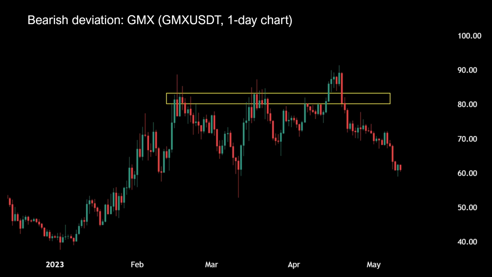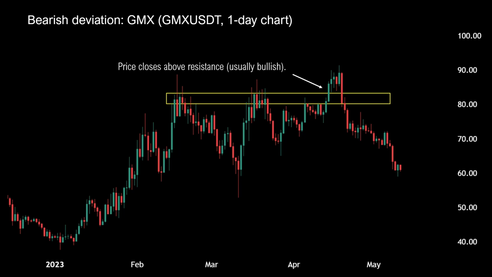Of course, you can get bearish deviations too, like this one for the altcoin GMX on the 1-day chart. And this is basically the opposite. First, the price closes above resistance. This is usually bullish and got a lot of breakout traders buying the GMX token, most likely on high leverage.